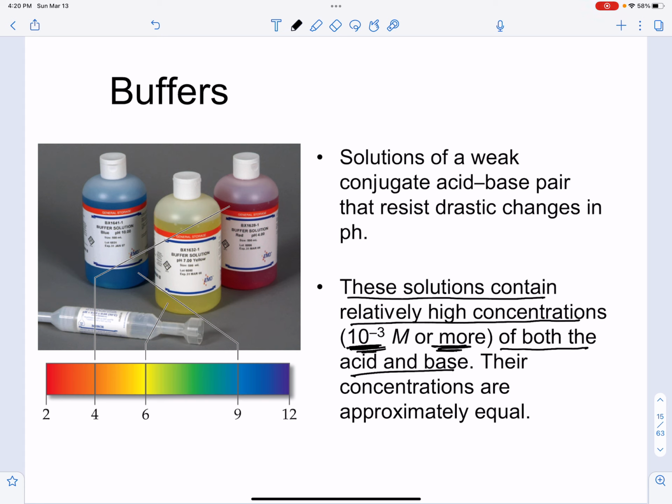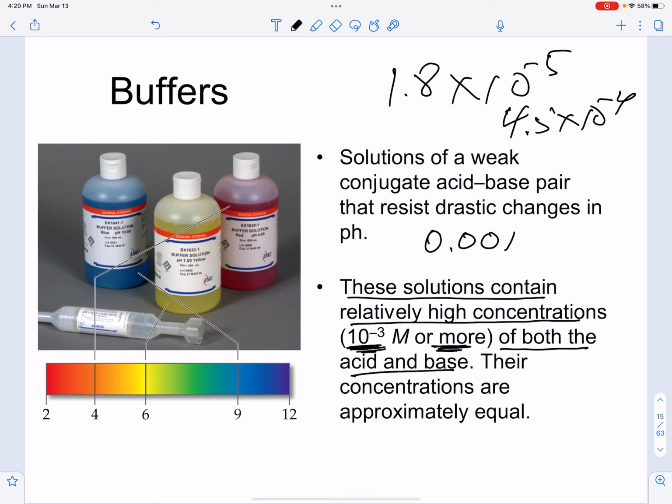So 10 to the minus 3 doesn't look like a big quantity, but it is in terms of a buffer system when we're talking sometimes about acetic acid, 10 to the minus 5, formic acid, 10 to the minus 4. So this is a comparatively big amount. Or it could be 10 to the minus 2, or 10 to the minus 1, or even unit. So whatever amounts we're talking about, they have to be at the smallest around 10 to the minus 3.